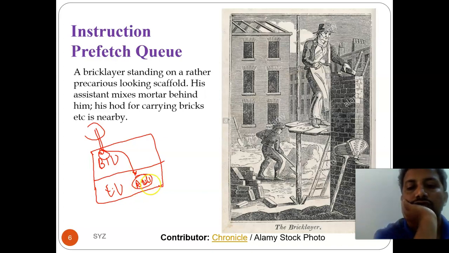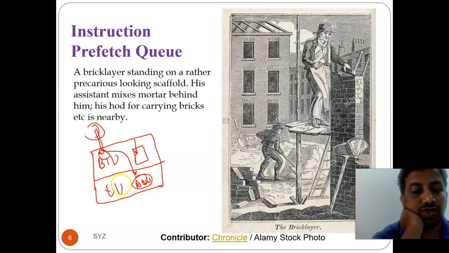While the ALU is processing the data, the bus interface unit's work is to collect the data, so at that moment it is free. It takes the help of the instruction prefetch queue, and well in advance it collects the data and keeps it in the queue.